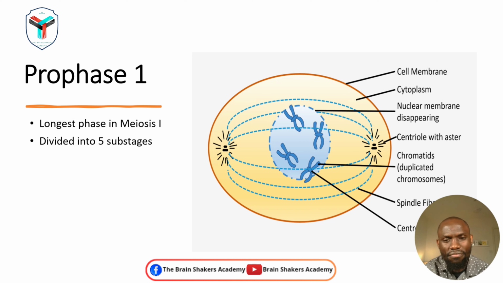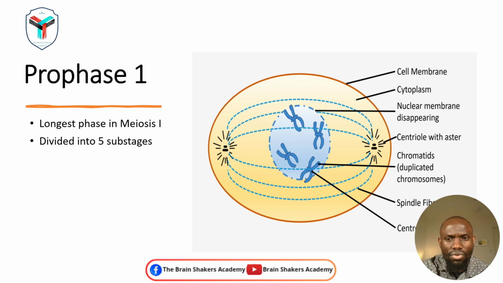Basically, the nuclear envelope begins to disappear, and you have the appearance of the mitotic apparatus and the mitotic spindle fibers. The centrioles move to the poles in readiness for the homologous chromosomes to be aligned later on as you get to the last stage of prophase 1.